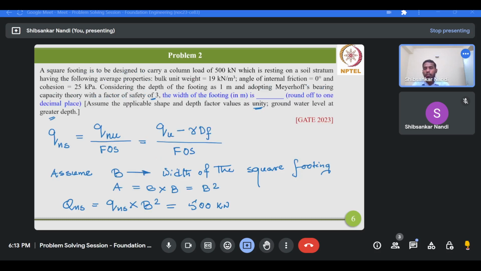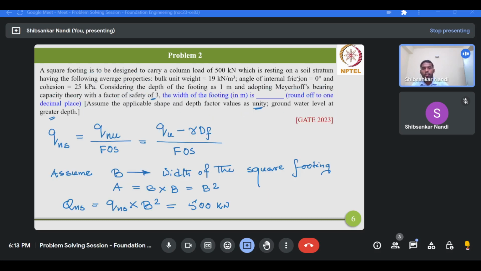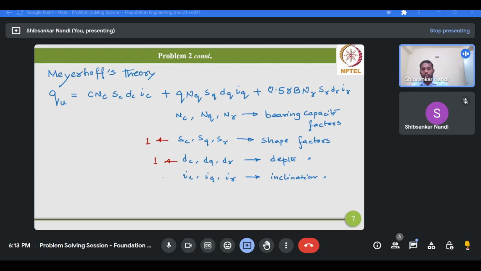And again, this column load, from the internal friction point of view, you can determine. So if you assume that this load is applied concentrically and vertically, there is no inclination, so this is 1.